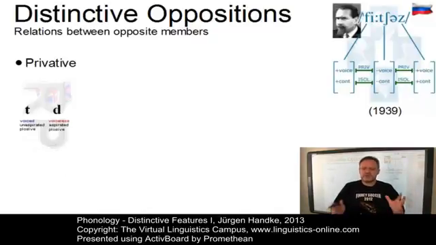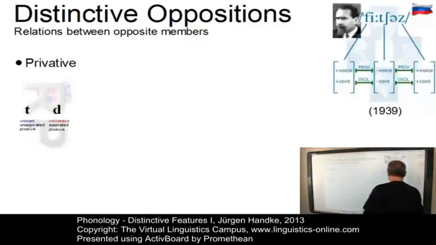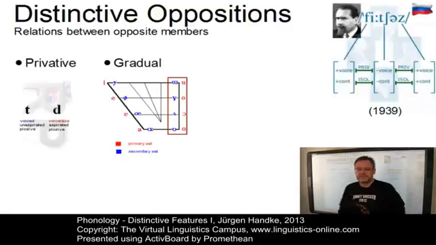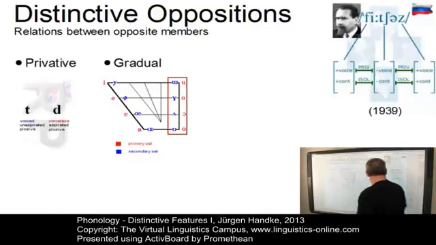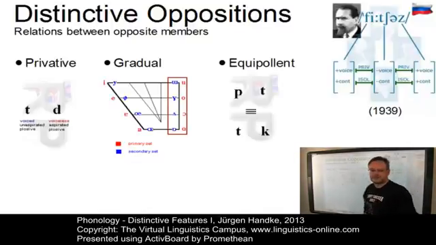Oppositions in which the members are characterized by different degrees or gradations of the same properties are defined as gradual. This type of relationship holds for vowels, where the property tongue height is a matter of degree rather than of binarity. If the relationship between the members of an opposition can be considered logically equivalent, it is defined as equipollent.